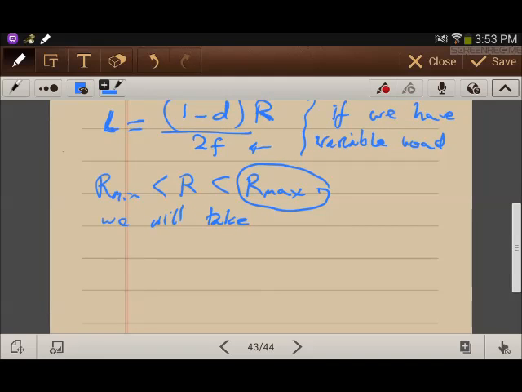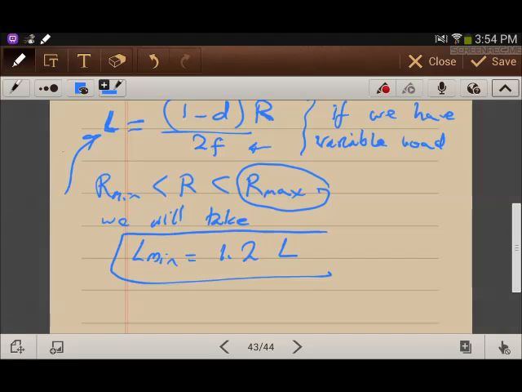Then this inductor, or the minimum inductor needed to make the current continuous, I will multiply it by 1.2 multiplied by L for safety reasons.